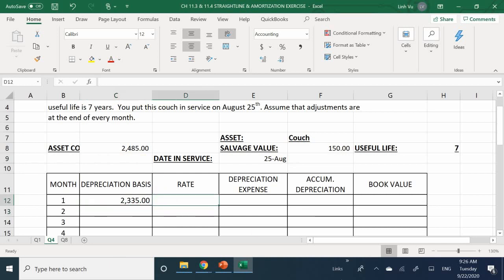What is my rate going to look like? I'm not sure with the figure. I was going to calculate 1 divided by 7 years. Correct? So what's the figure there? 14.28. Yes.